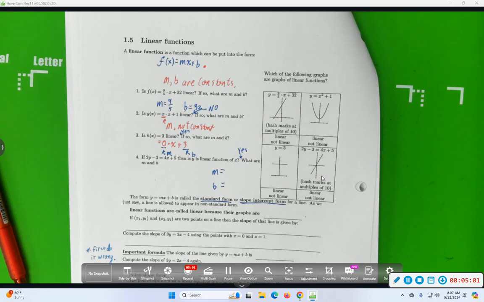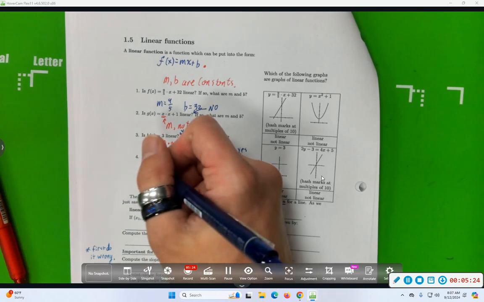So, to figure out the m and b, I need to get this into a form where the actual function name, so y, is on its own. And the rest of it needs to have the form mx plus b. So let's just do the algebra to get y on its own and see what the rest of this thing is. You want to get y on its own, what should you do to this thing first? Add 3.